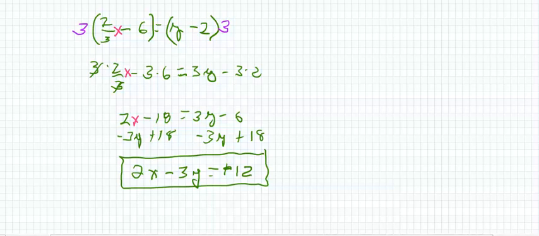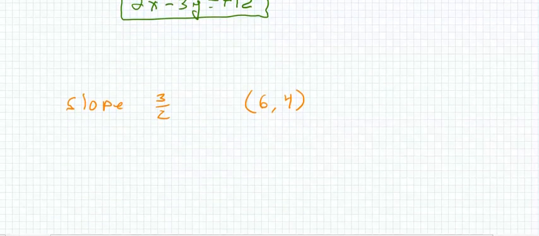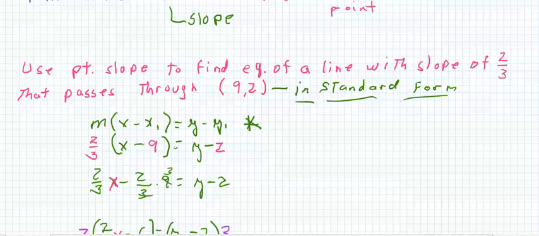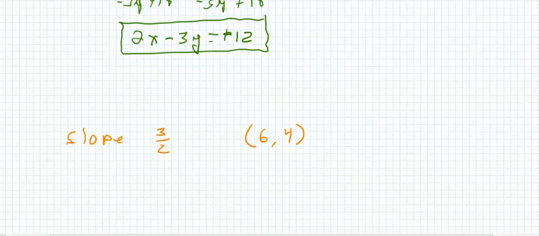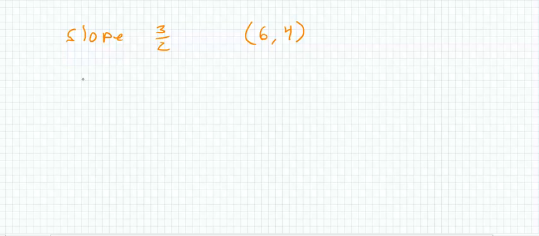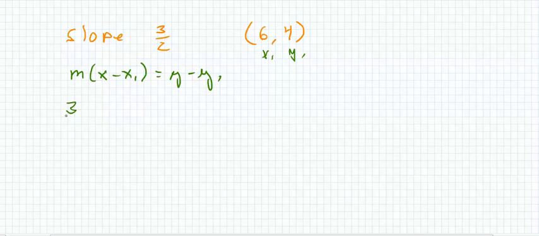Let's do our next example. Same directions, point slope form, and it passes through a point, in standard form. Remember, m times x minus x1, this is x1, equals y minus y1, this is y1. 3/2 times x minus 6 equals y minus 4.